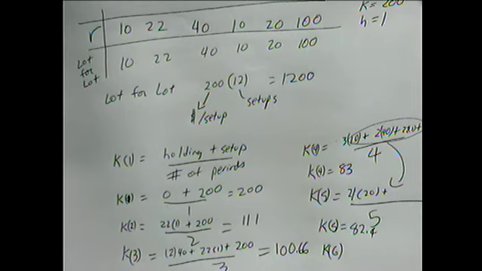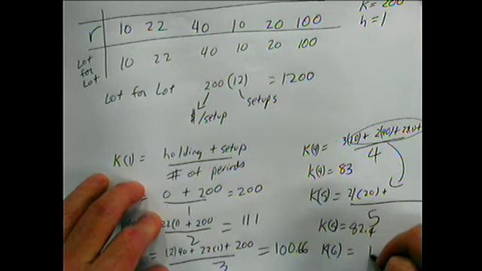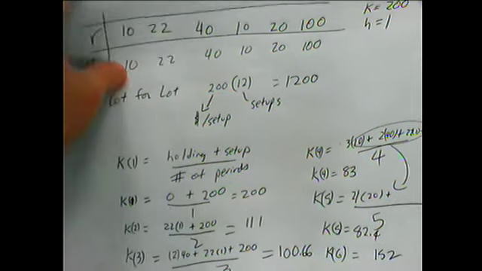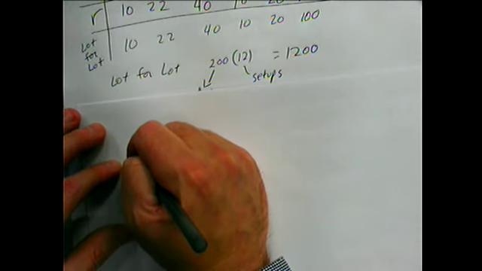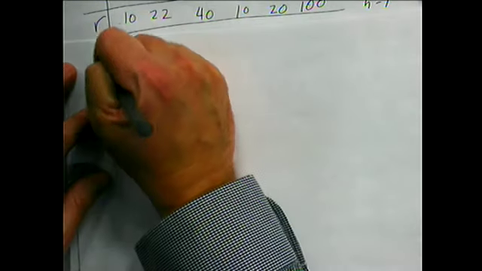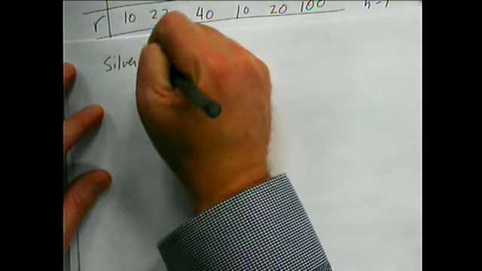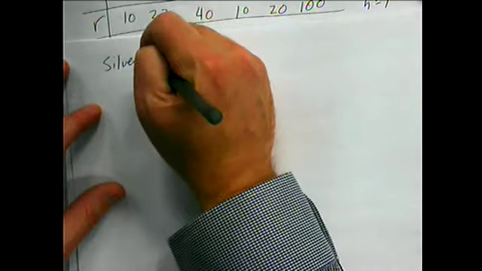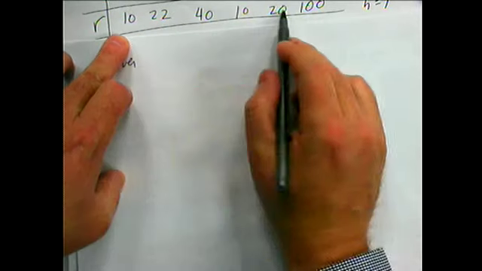And now the costs start increasing, because that would be 152. So my Silver-Meal schedule would be to produce in time period 1 for all those periods.